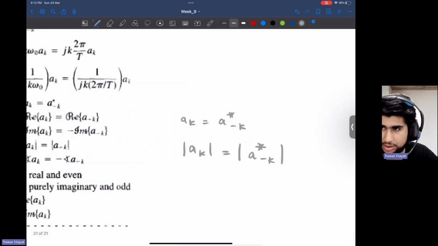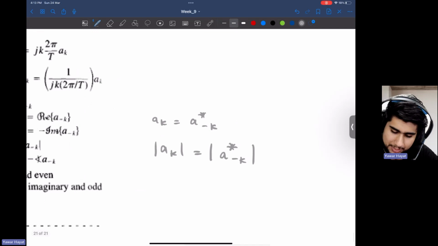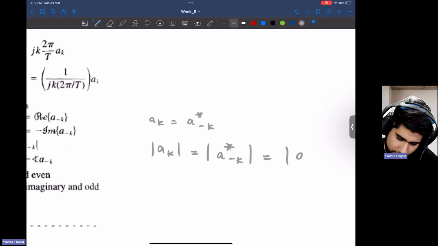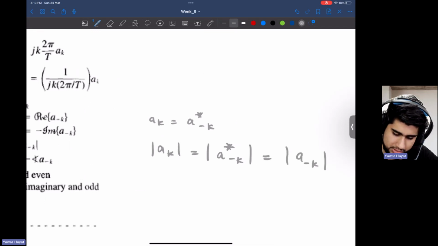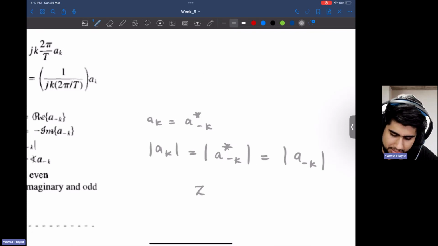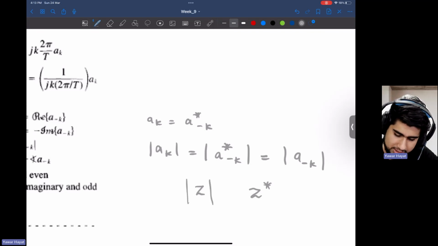Simple, taking modulus on both sides. But this is equal to the modulus of a_{-k}. Why? Because if you have a complex number Z and its conjugate Z star, their moduli are equal.